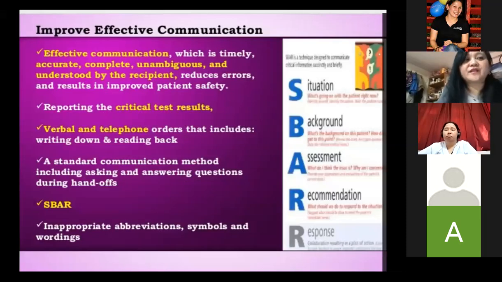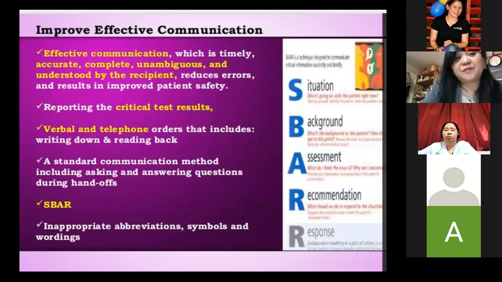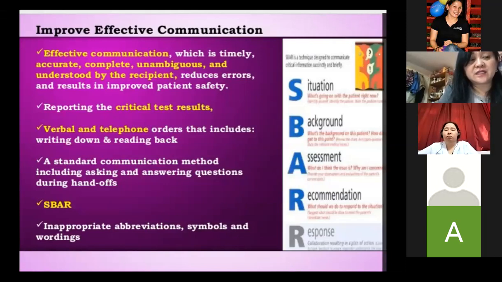Now, improve effective communication. This must be accurate, complete, unambiguous, and understood by the recipient, because it reduces errors and the result will be improved patient safety. You have to report the critical test result immediately.